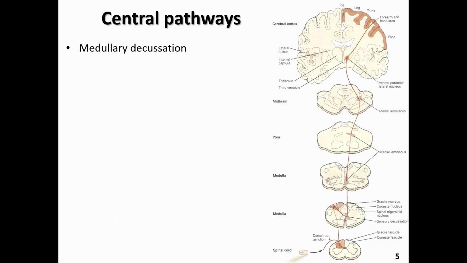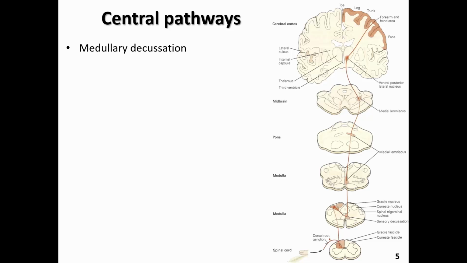The transmission of this sensory information up to the brain will eventually, for the most part, not all neurons, but most of the neurons will decussate, which is a term that refers to the transmission to the contralateral side of the central nervous system. And so what we see here, we'll start here at the very bottom, where we have, it's a small picture, but here we have a person's thumb touching an external surface, activating sensory receptors in the skin.